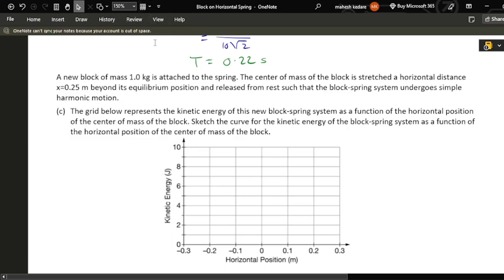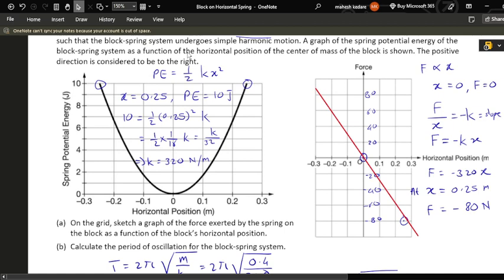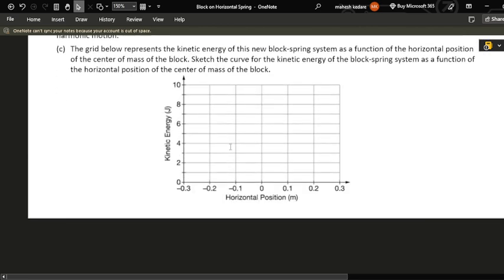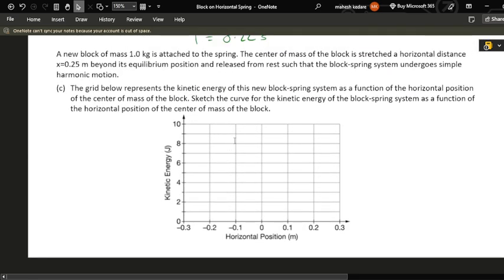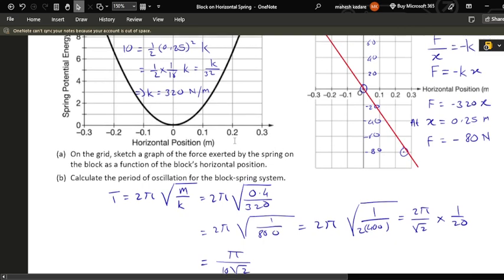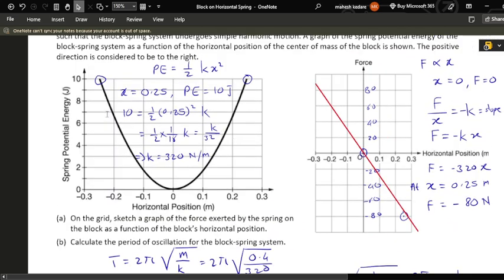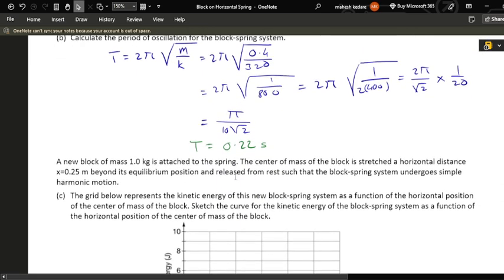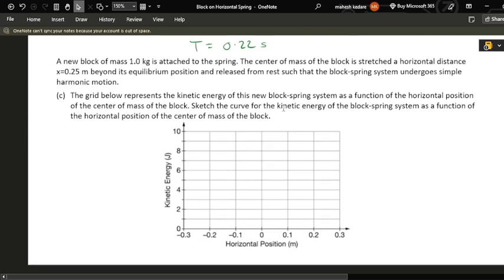So the first thing that we note is that the graph of kinetic energy is the same as the potential energy, except that this graph of potential energy will be inverted for kinetic energy. So having understood that the nature of the graph is simply the inverted shape of the potential energy and horizontal position graph, we want to know what is the maximum kinetic energy.